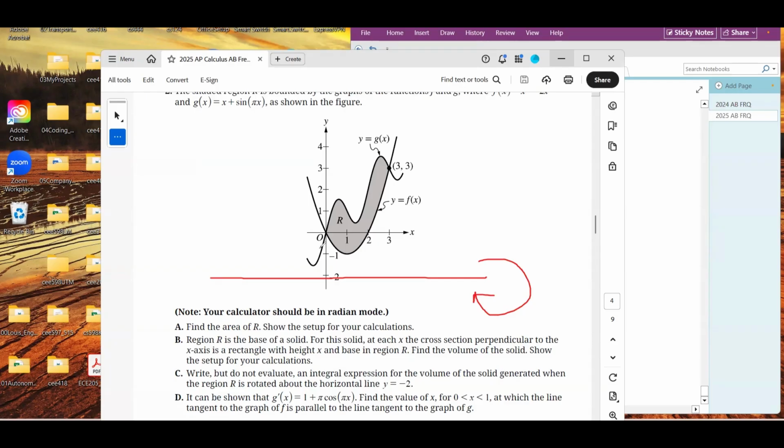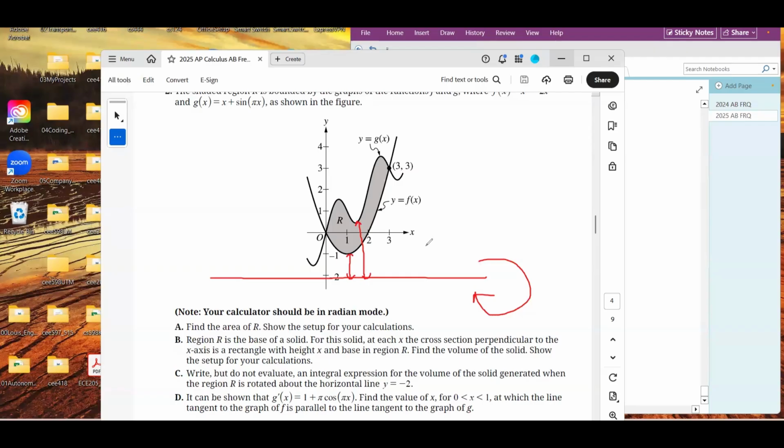And notice there's this amount of empty space here, and also this amount of empty space as well. So how are we going to do that?